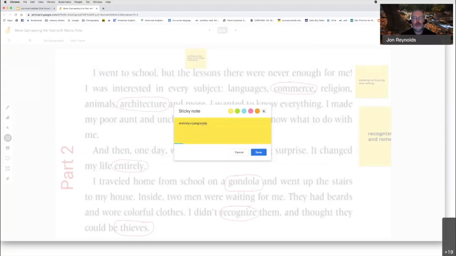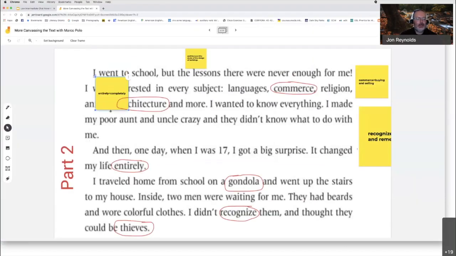I can spell it correctly. There we go. All right. Okay, so there we go. Entirely means completely. Okay, now, do you see what we're doing is we're going through the text, going through the reading, we look at these vocabulary words, and then the idea is we think about how the words go into the story. So again, when we think about entirely, it means that his life, look at the sentence again.